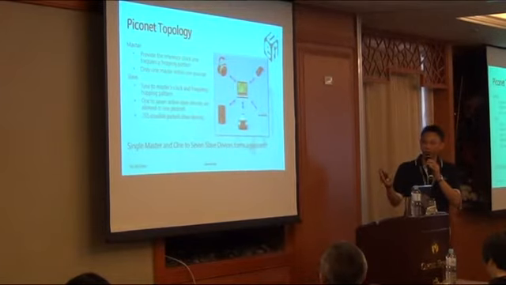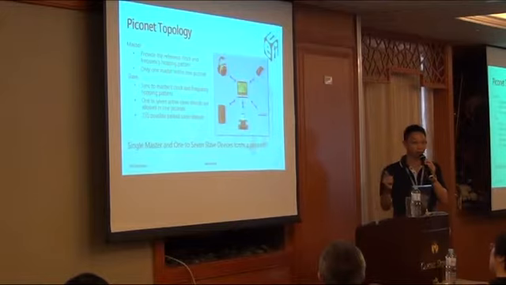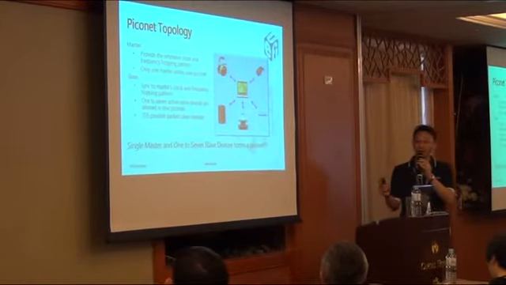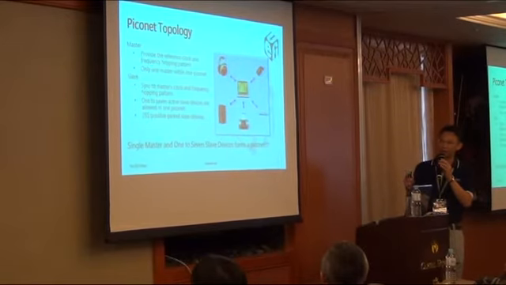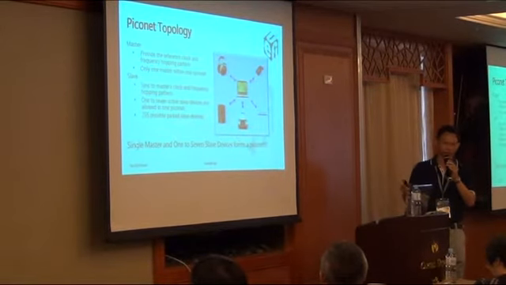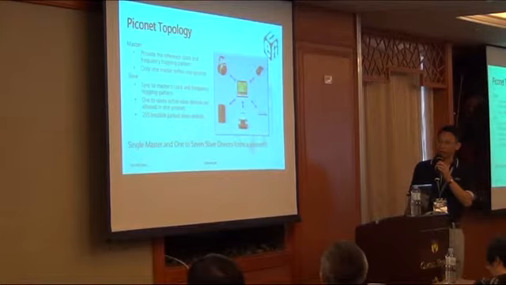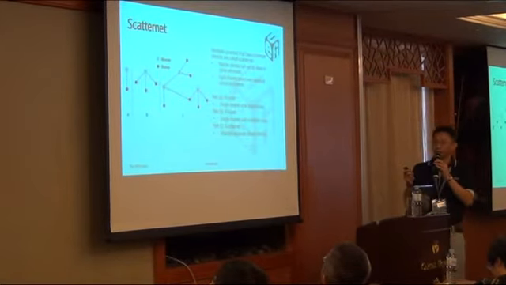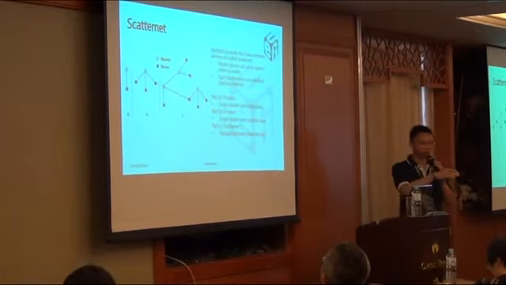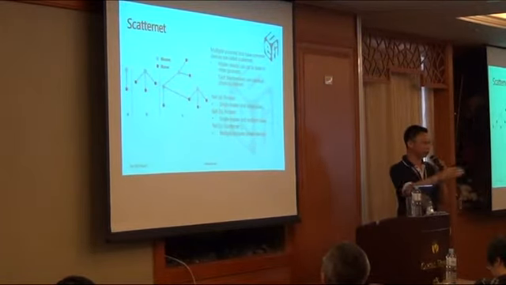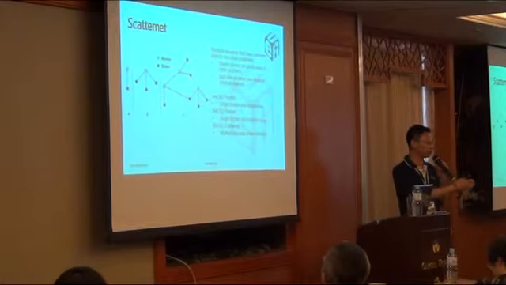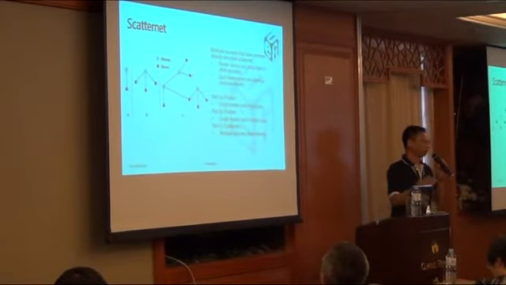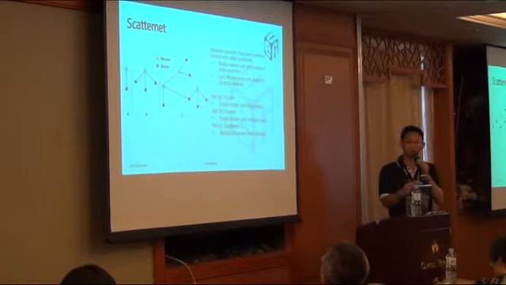In the Piconet, you can have only one single master, because that's the one who provides the reference clock, and up to 7 active slave devices. So it's called a Piconet. Another important term is the scatternet. If you have many Bluetooth devices in the same physical area, they may gather as different Piconets, or you can have links between different Piconets.